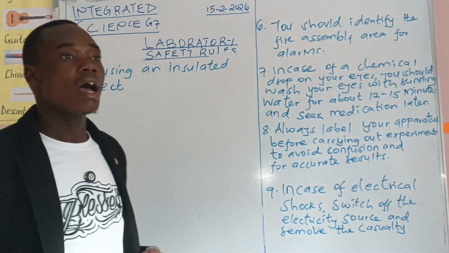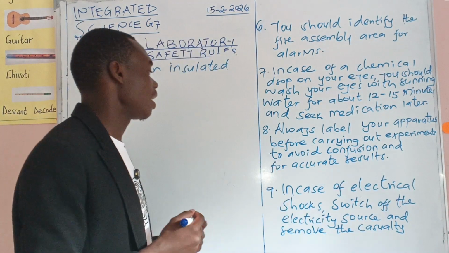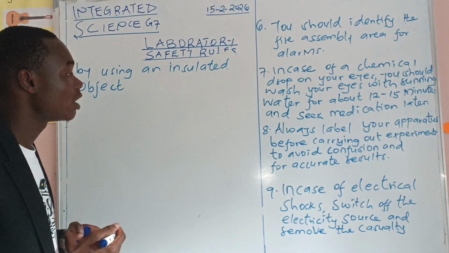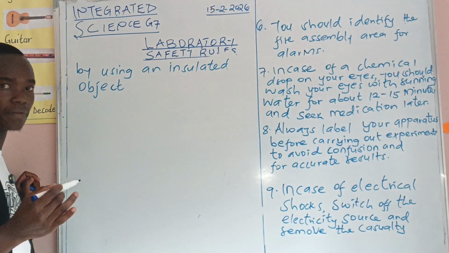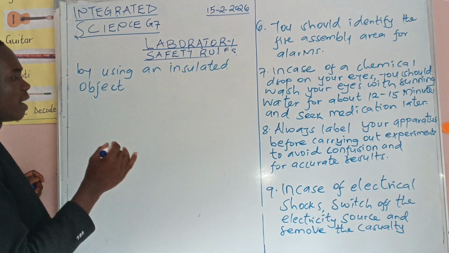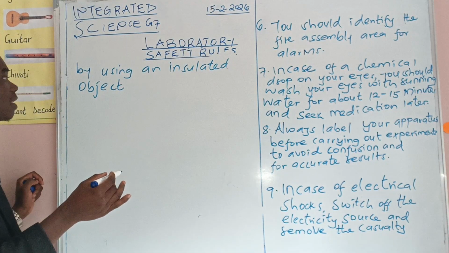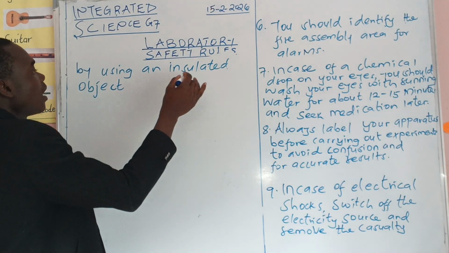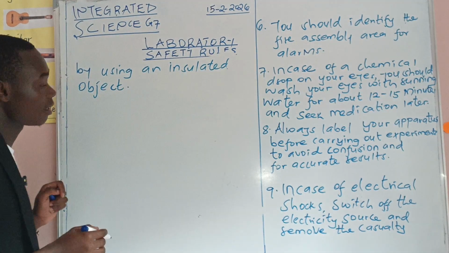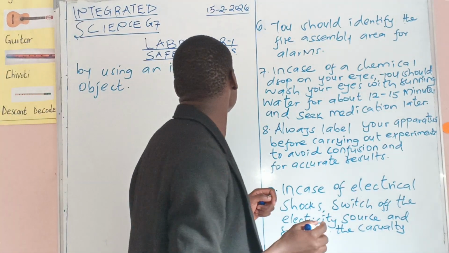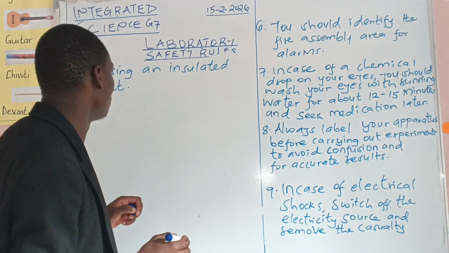If you use something that is wet as well, you will get electrical shocks. So switch off the electrical source first of all, and then later remove the person affected by using an insulated object. That is number 9, laboratory safety rule.